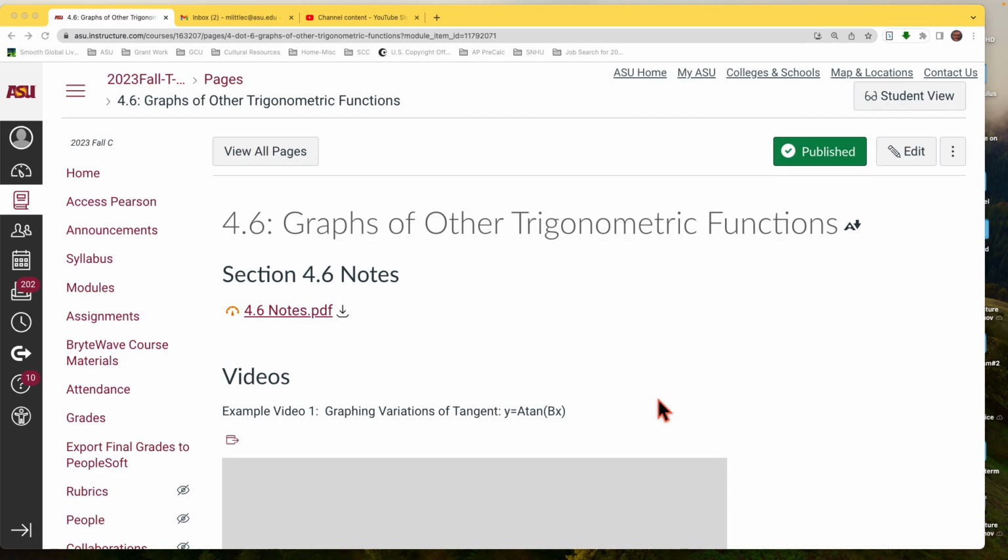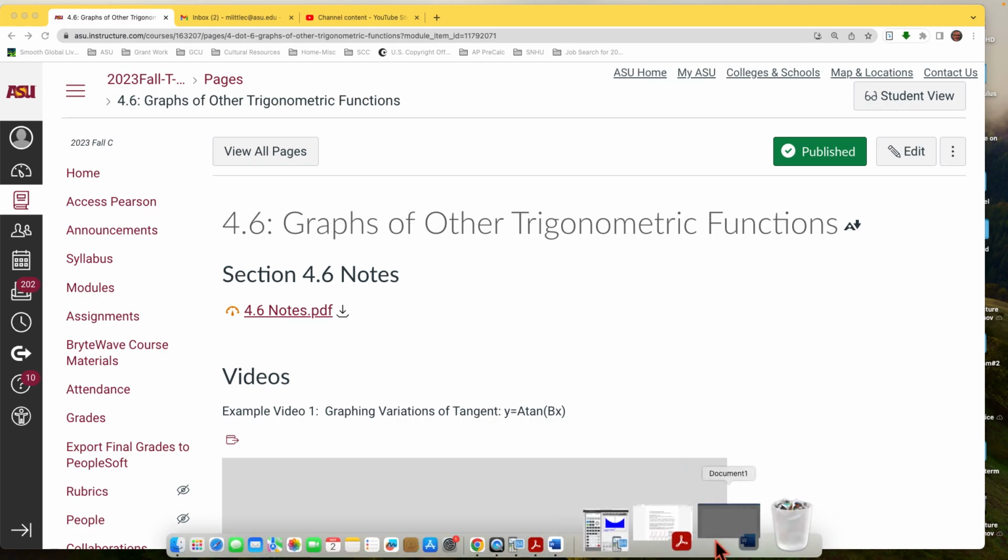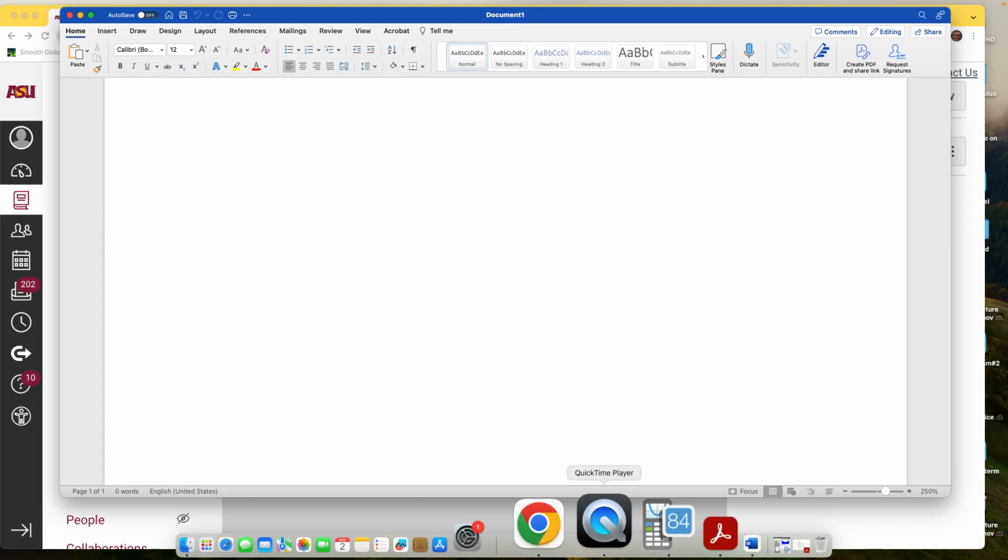Instead of having a more formal presentation, we'll just examine it. We're going to look at the notes, graph a bunch of trig functions, and see how we can use the technology. So this will be more a class session on how to use the graphing calculator than anything else.